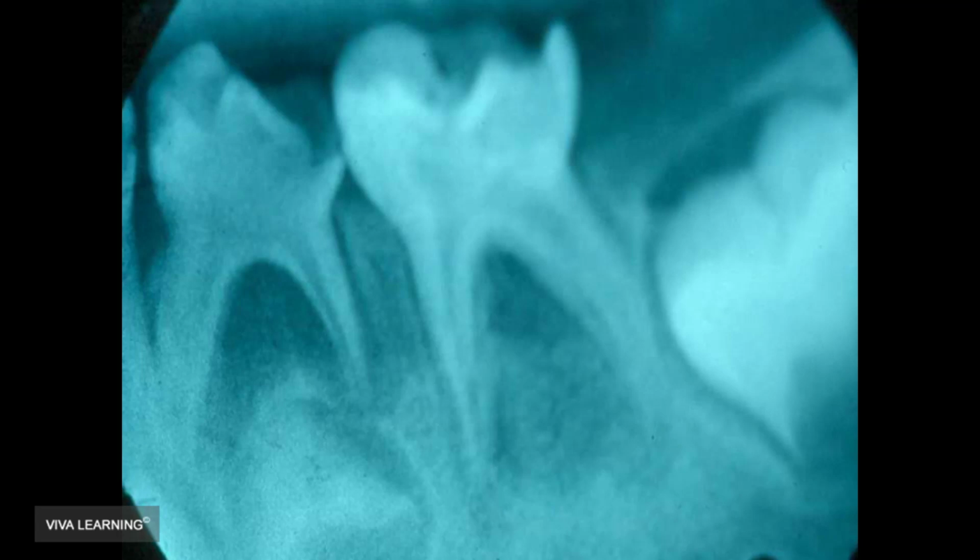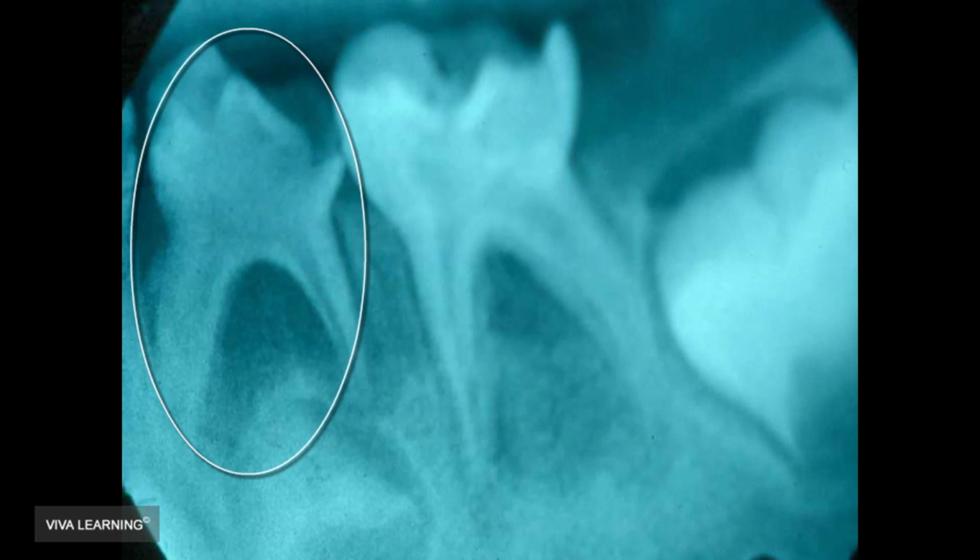First of all, if we start taking a look at the first primary molar tooth, the things that I want you to notice here are the interradicular bone, which is basically completely gone now. I also want you to notice how thin those canals are and what I would call possibly some change in the interradicular canal shape, possibly some internal resorption here due to the infection where the decay has gotten straight into the nerve chamber.